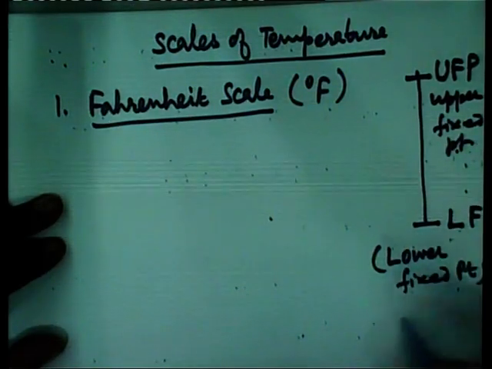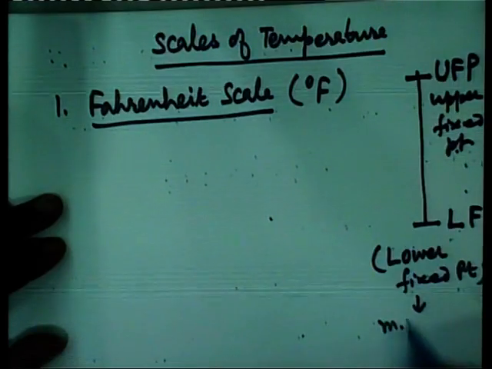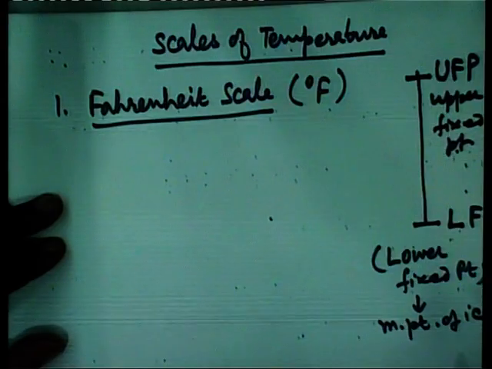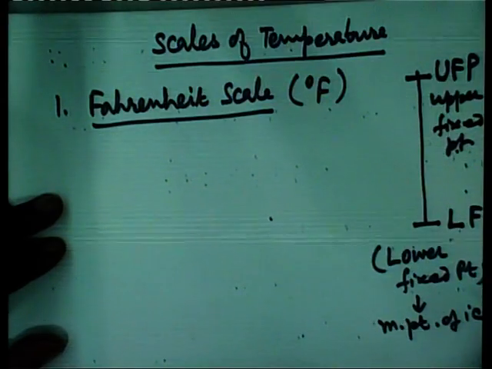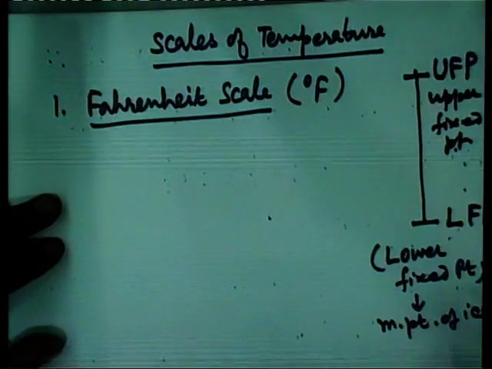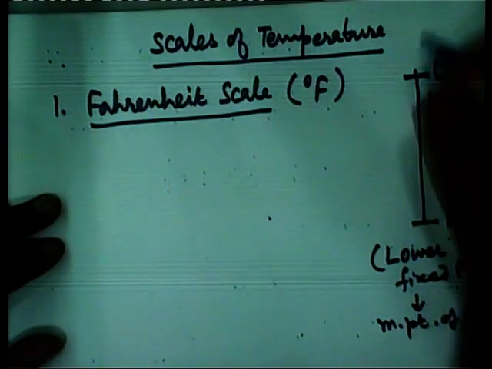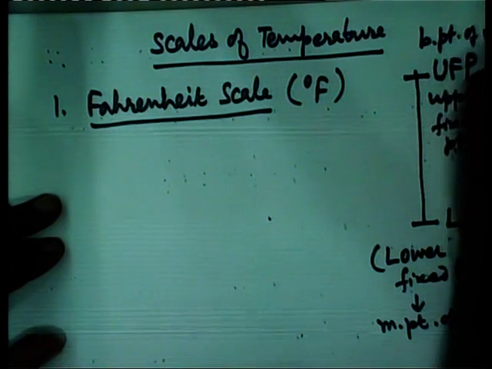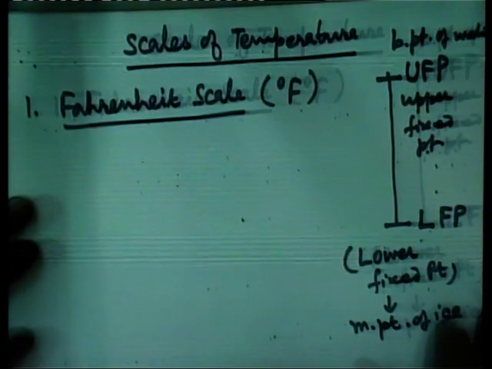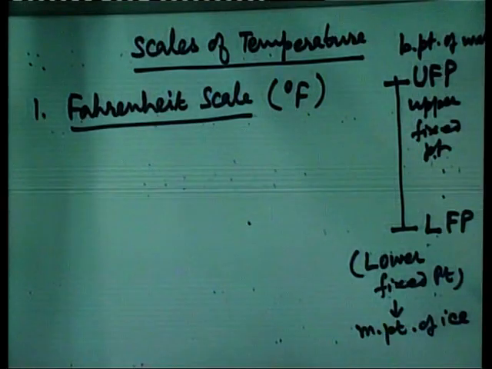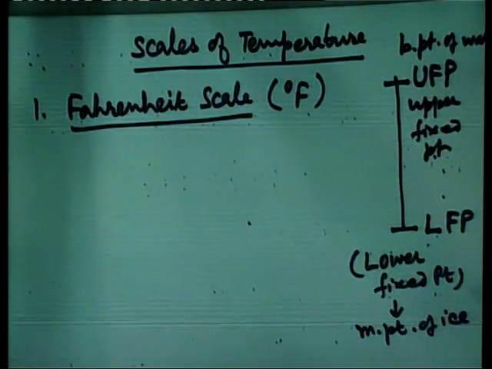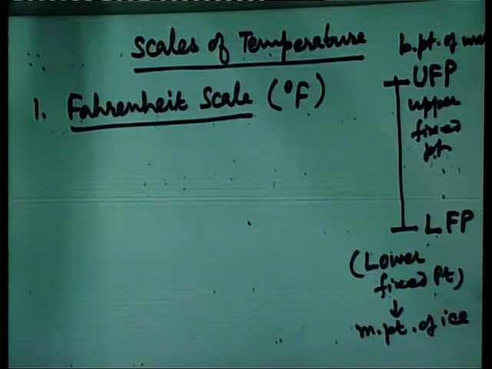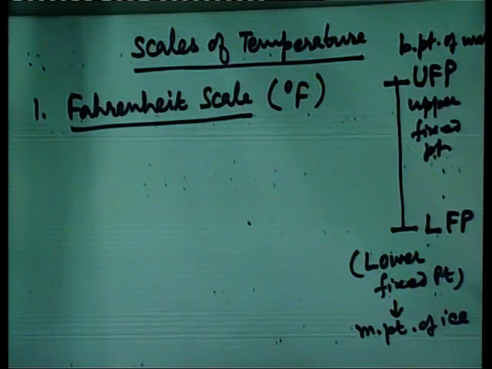The lower fixed point is normally the melting point of ice at normal temperature and normal pressure of 1 atmosphere, and the upper fixed point is the boiling point of water. In every thermometer we have 2 points, the lower fixed point and the upper fixed point.